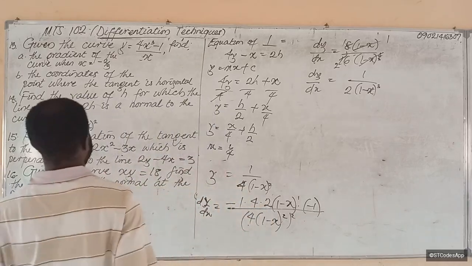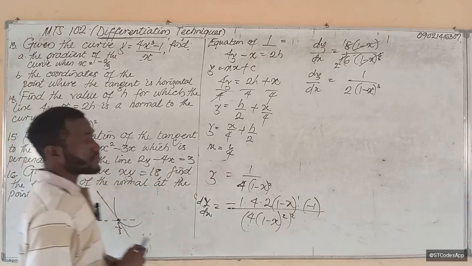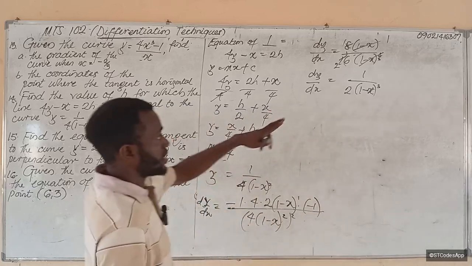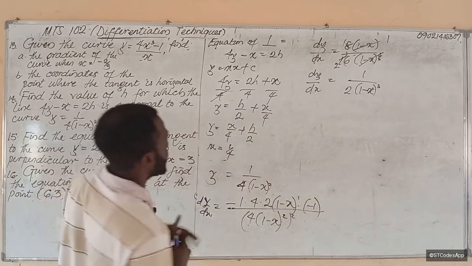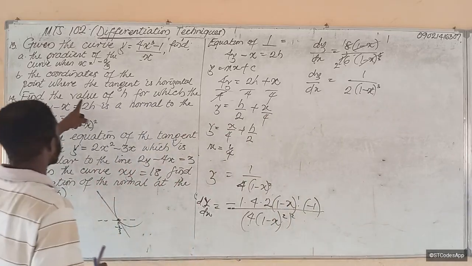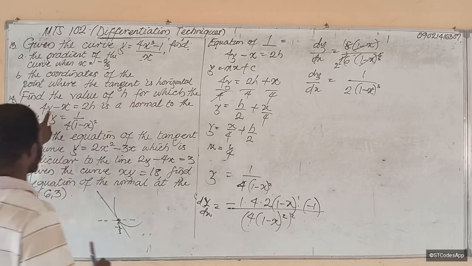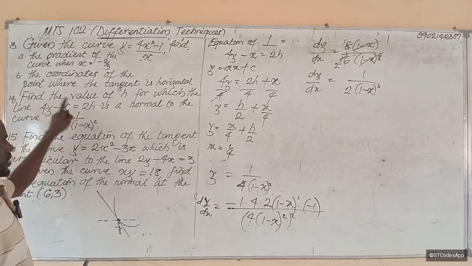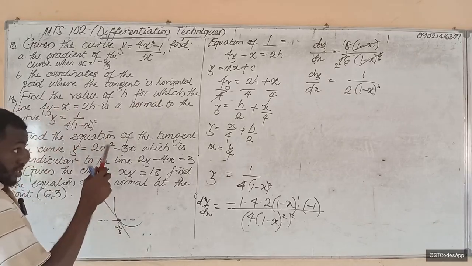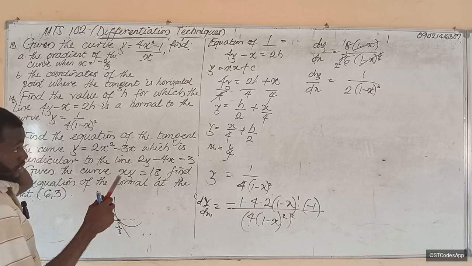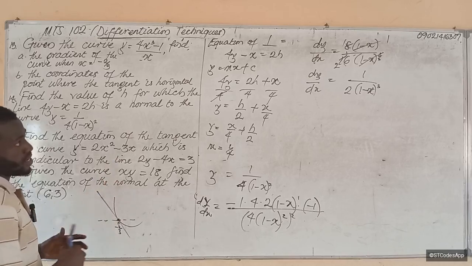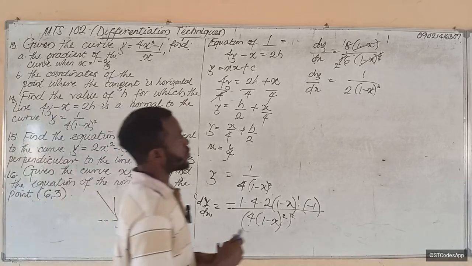What are we asked to do with dy dx? If this is our derivative, then it says to find the value of h for which this is a normal to this curve.